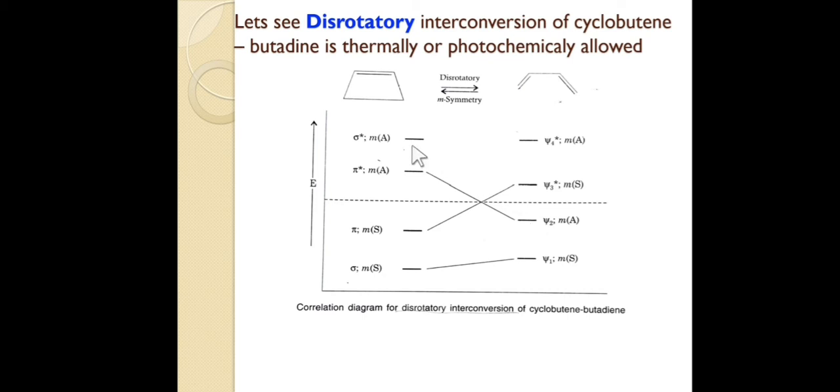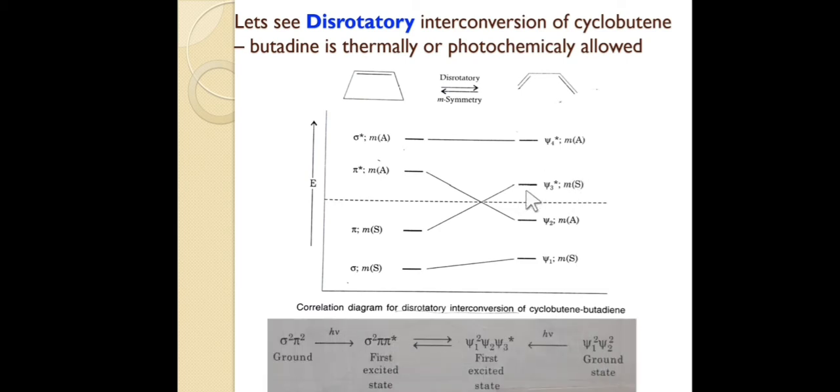So lastly, sigma star is matching with psi4 star, so let's join these two with a line. From this, what we can see is that the first excited state is matching with the first excited state of the product. The first excited state, sigma 2 pi 1 pi star 1, is matching with psi1 2 psi2 1 psi3 star 1.